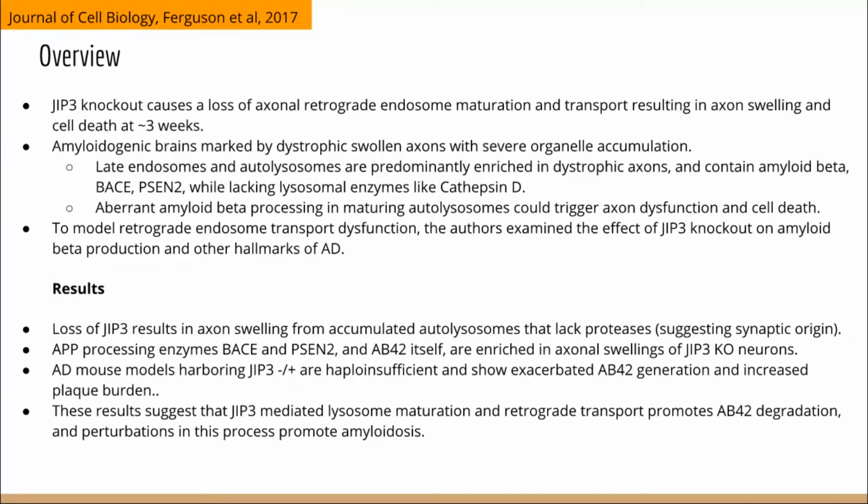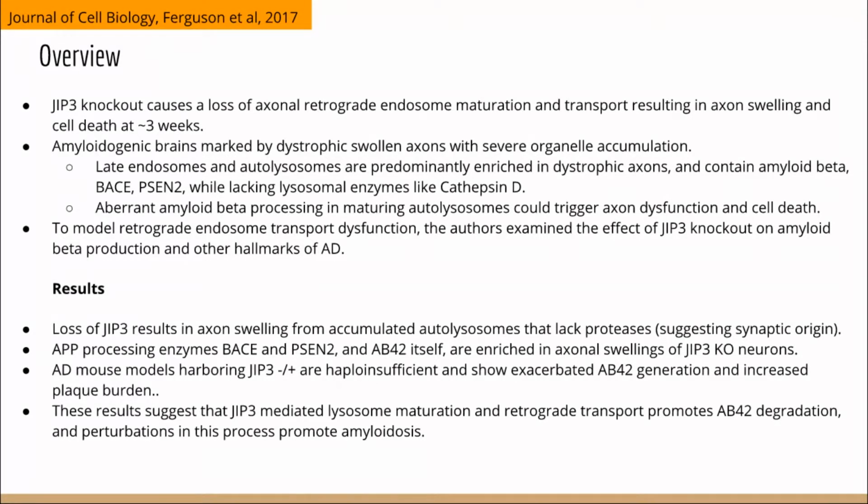And so they took heterozygotic JIP3 knockouts that were haploinsufficient, so they only have one functional copy of JIP3, and they crossed these mice with an Alzheimer's disease model of mice, and they found that lacking one copy of JIP3 significantly increased the number of plaques and amyloid beta production.